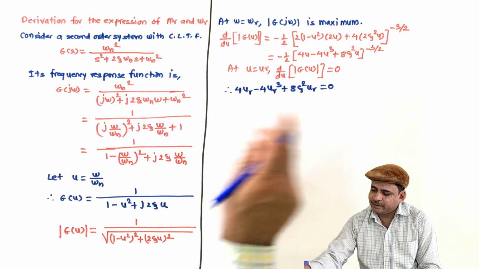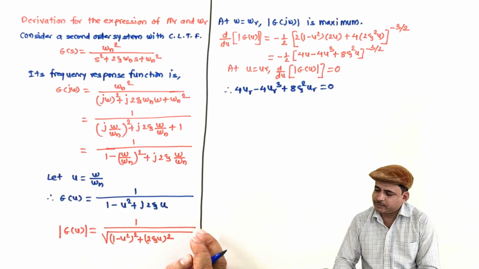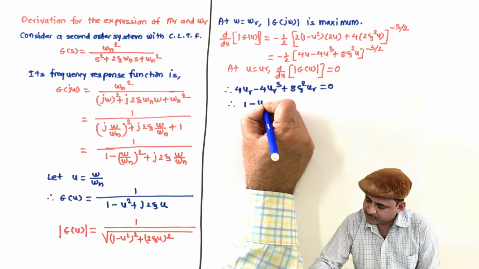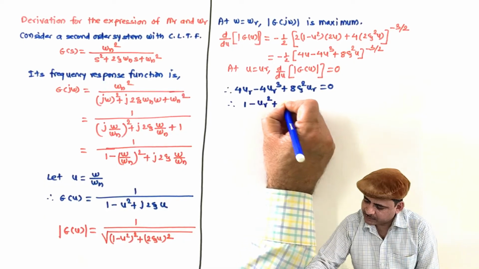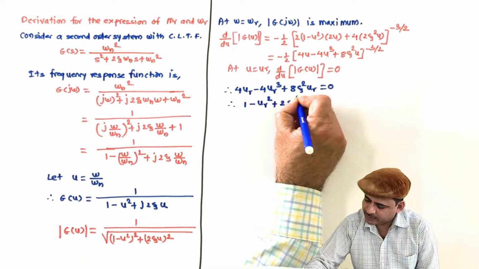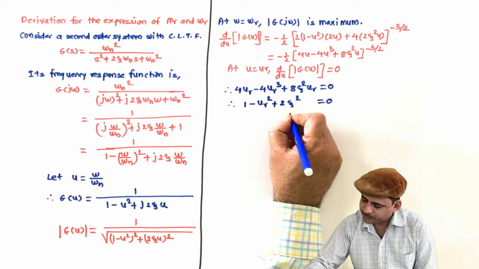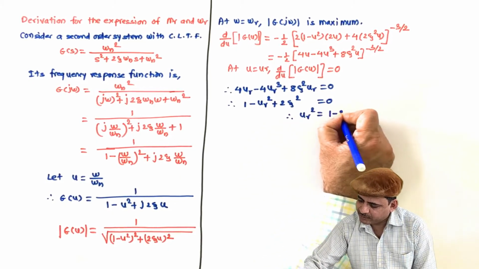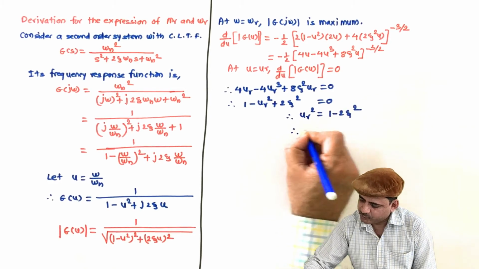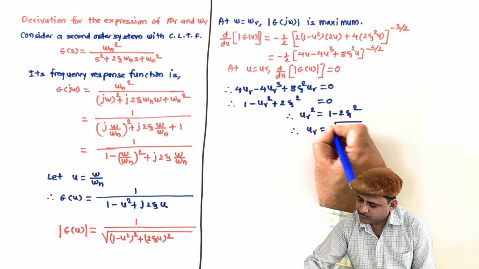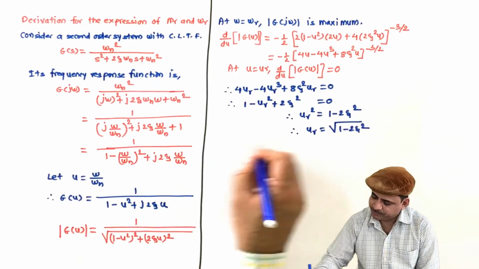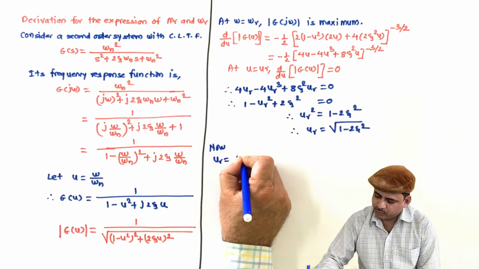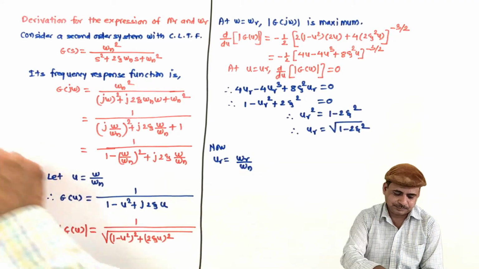And now when we divide this entire equation by 4ur, we get 1 minus ur square plus 2 zeta square is equal to 0. So ur square is equal to 1 minus 2 zeta square. So ur is equal to under root 1 minus 2 zeta square. Now ur is equal to omega r by omega n.